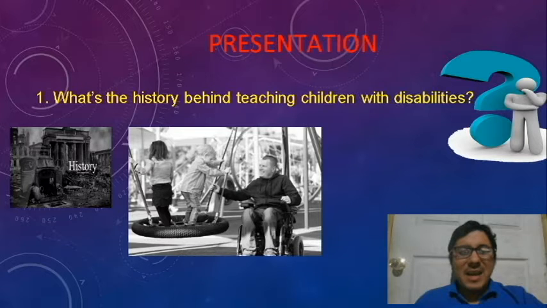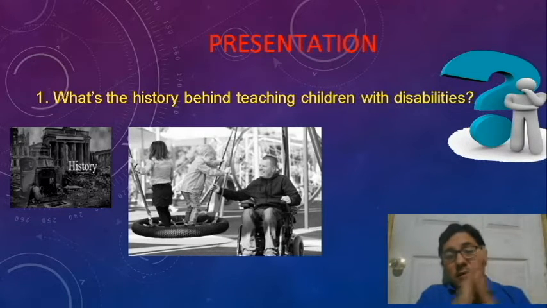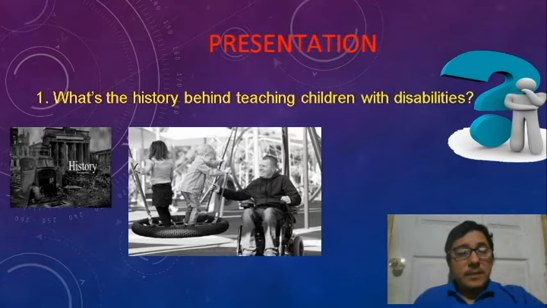What do I mean by that? Children with visual problems, deafness, mental issues, motor skills, etc., were sent to private mental institutions where they were badly treated. But this has changed.